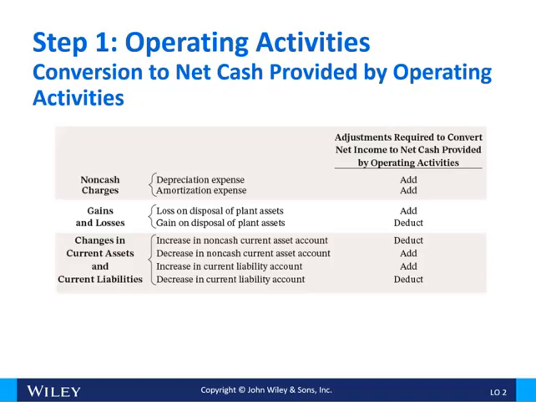Credit to cash is a decrease in cash. So if you just think about that, if cash was the other side, what causes that increase or decrease is a debit or credit. Cash is the opposite, debit or credit. If it's a debit, we add it on the cash flow statement. If it's a credit, we subtract it or deduct it.